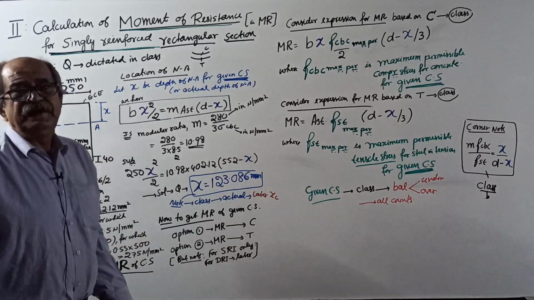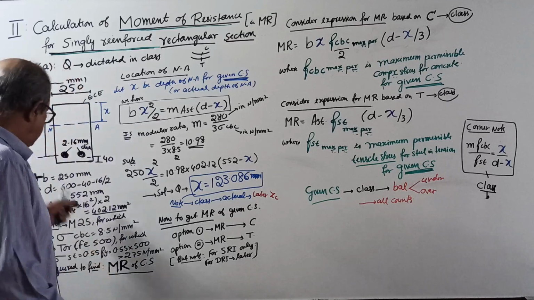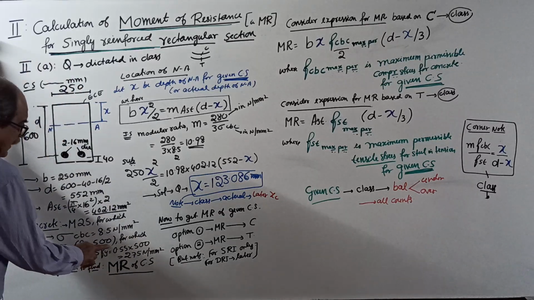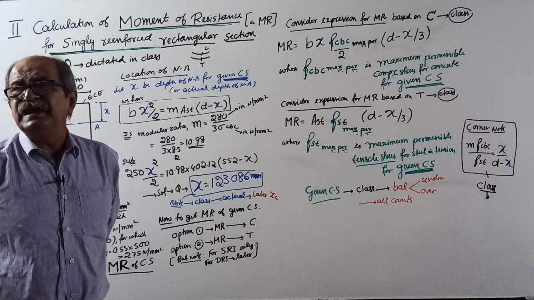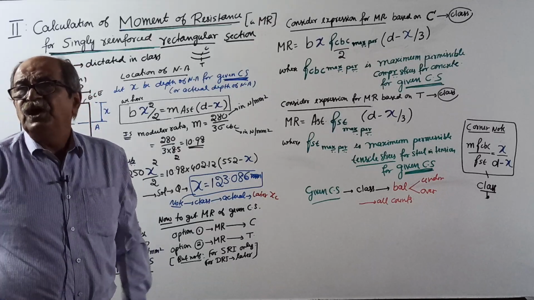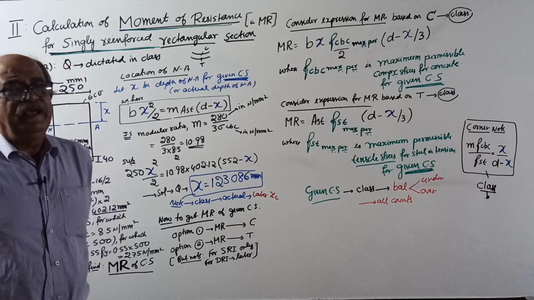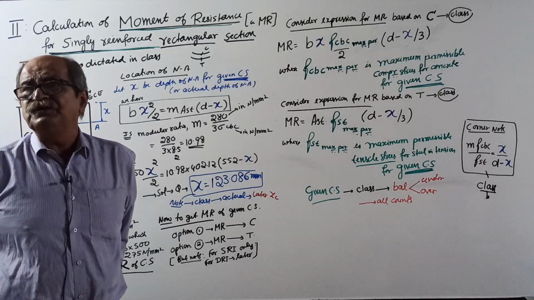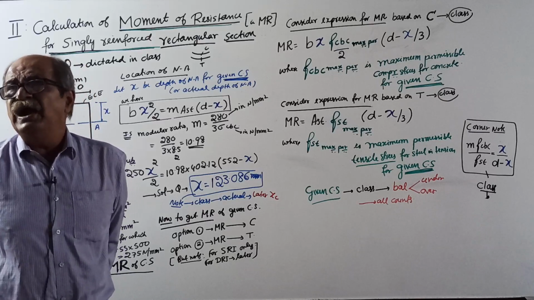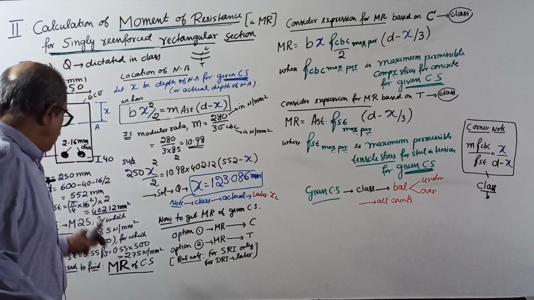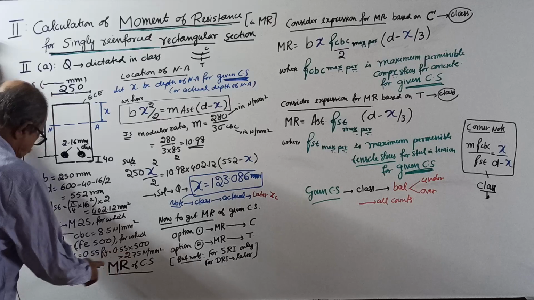Search the IS code table. For Tor steel of grade Fe 500, sigma st, the permissible stress in steel in tension, is 0.55 Fy. For Fe 500 steel, Fy is 500 Newton per mm square. So sigma st equals 0.55 into 500, which is 275 Newton per mm square.